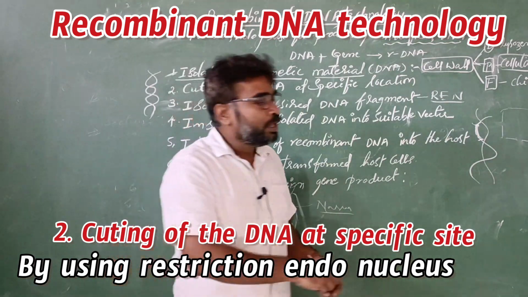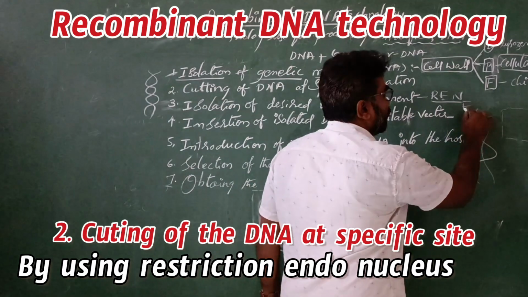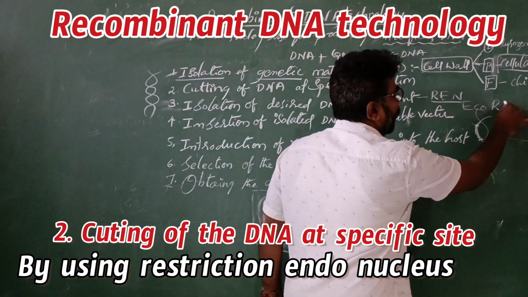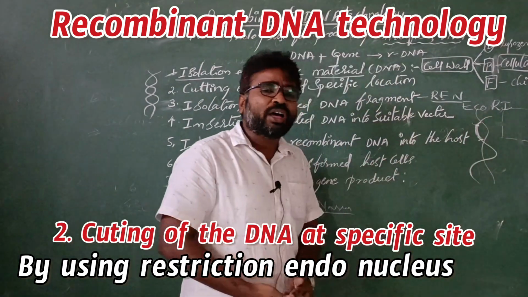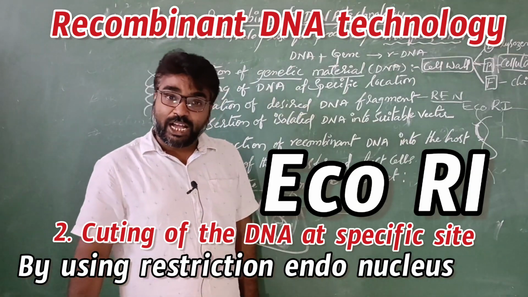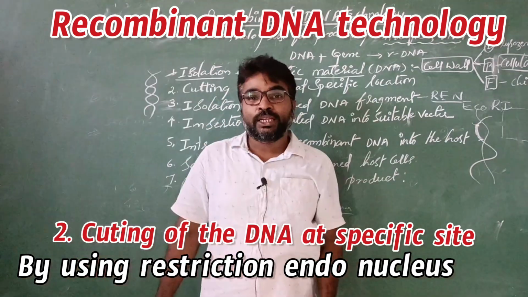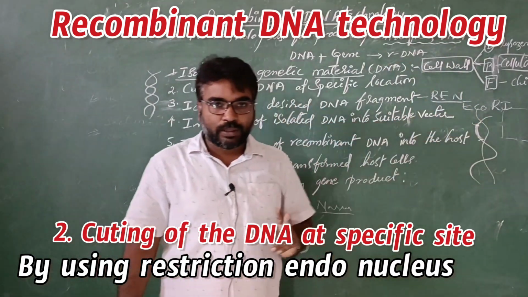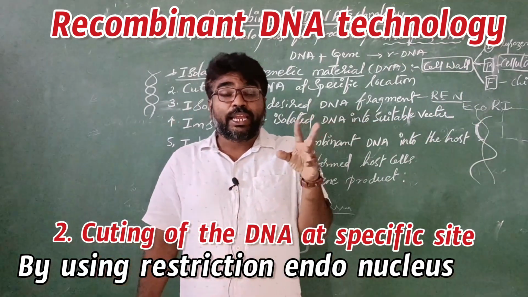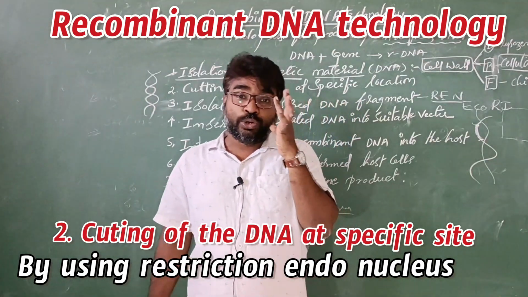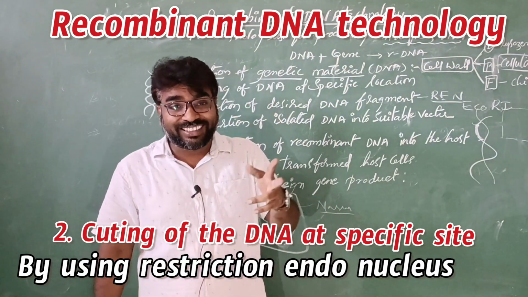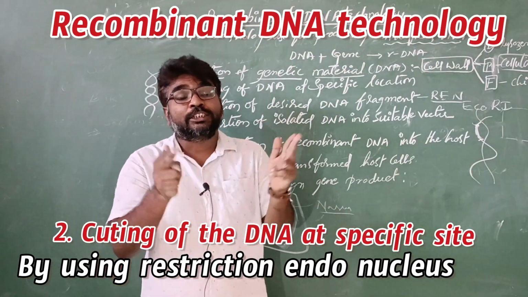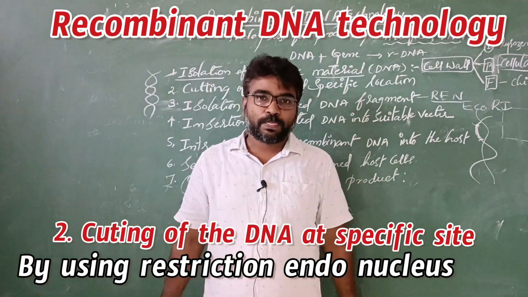For example, EcoRI. This EcoRI is an enzyme, named according to the organism it is obtained from. By using different restriction endonucleases, we cut the DNA into small fragments.